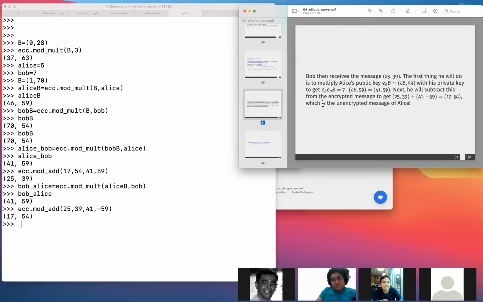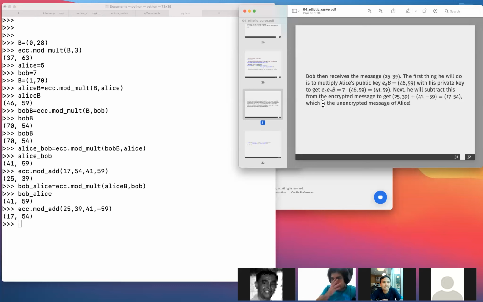And the thing about elliptic curve is that with only a few bits, it's equivalent in power to an RSA with many bits. For example, there's research that 256 bits of elliptic curve has the same encryption power as 3072-bit RSA.